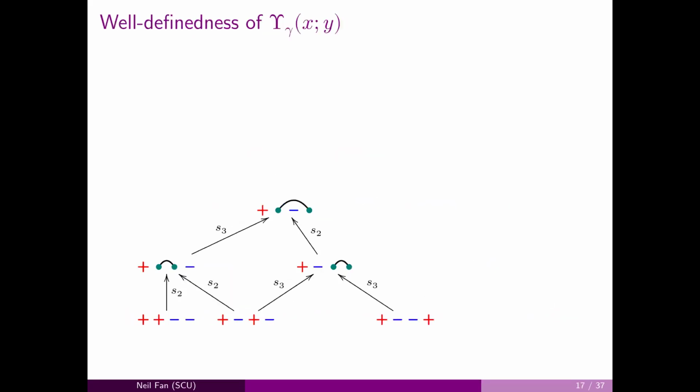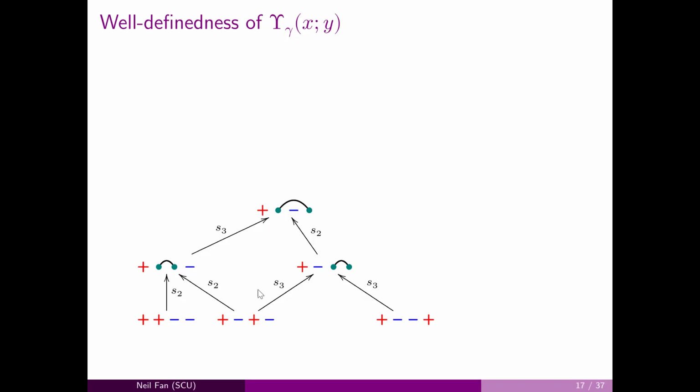So, the well-definedness of upsilon gamma. For the Schubert polynomials, there is only one starting point, W naught. It's a product of factors. The well-definedness of Schubert polynomials depends on the fact that the divided difference operators satisfy the braid relation.